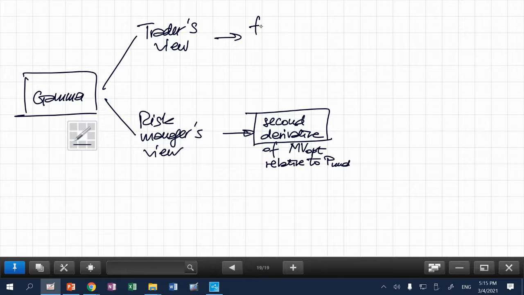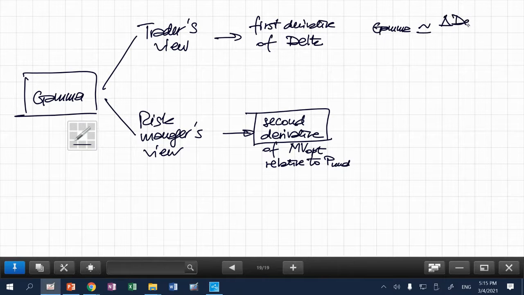So he looks at the gamma as the first derivative of delta, where the intuition here is that gamma is seen as the way to approximate which change you can have in delta when the price of the underlying changes, okay?